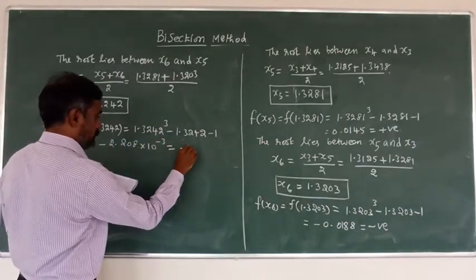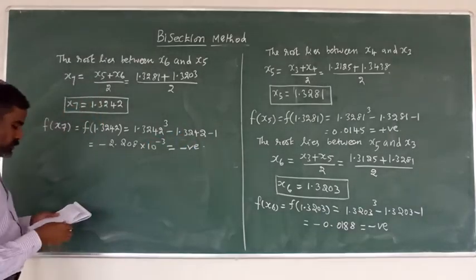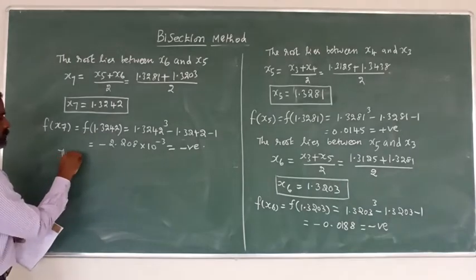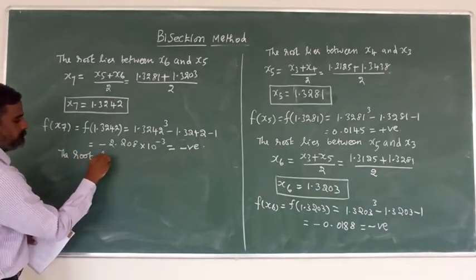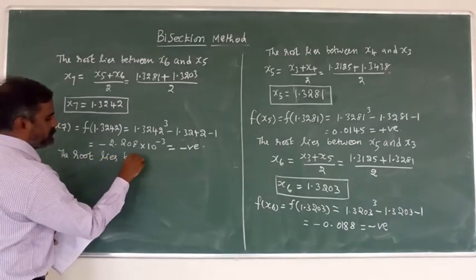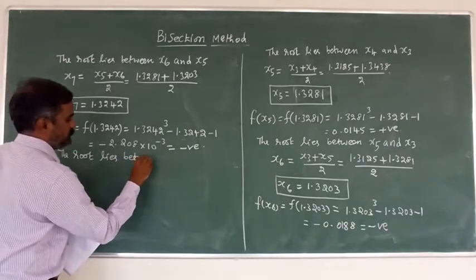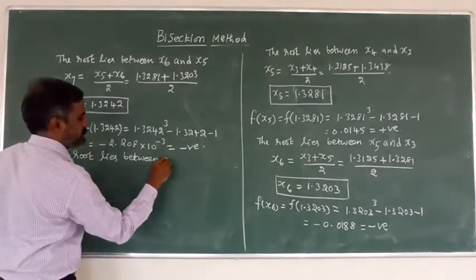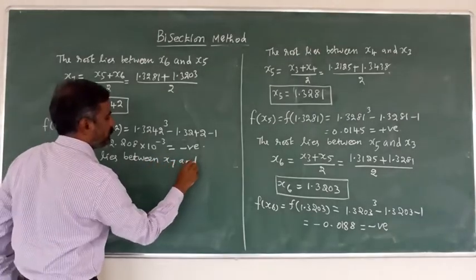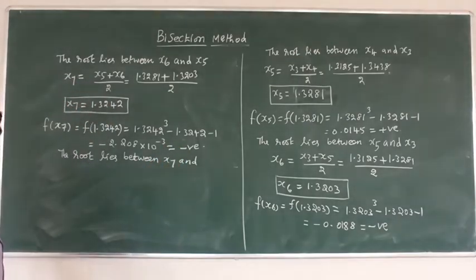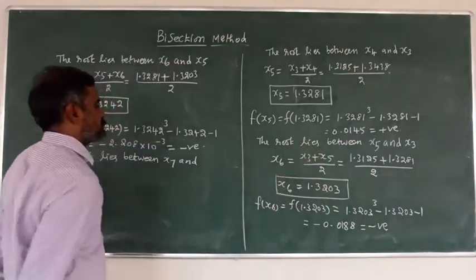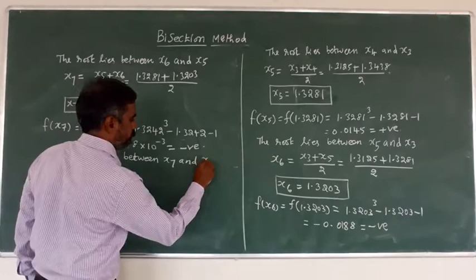This is a negative result. So the root lies between x7, which is negative, and x5, which is positive.